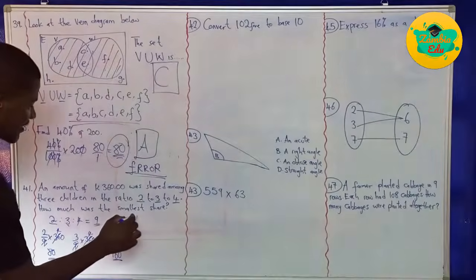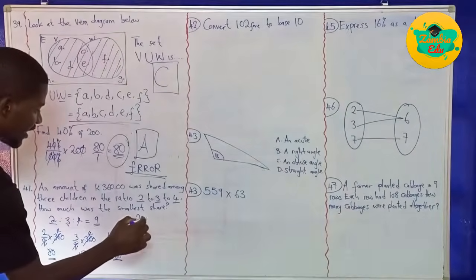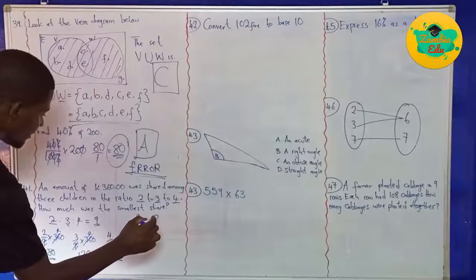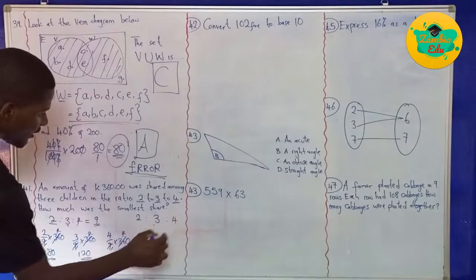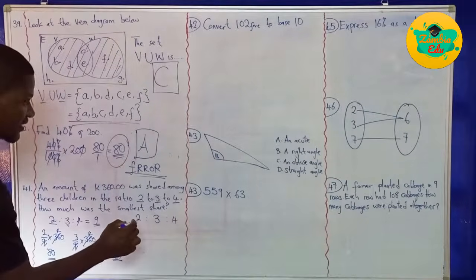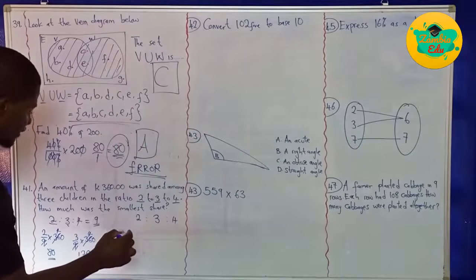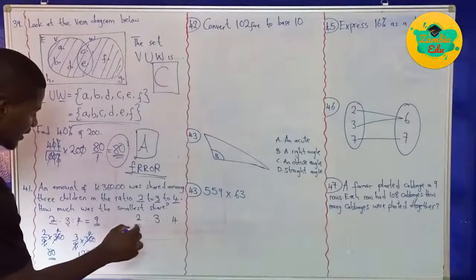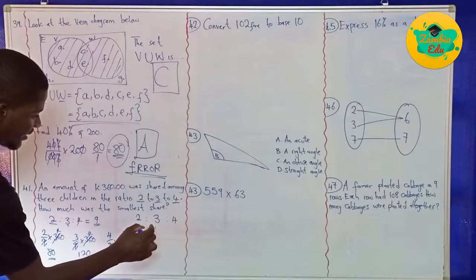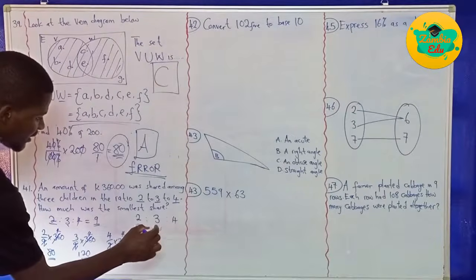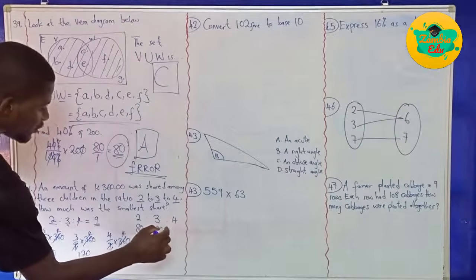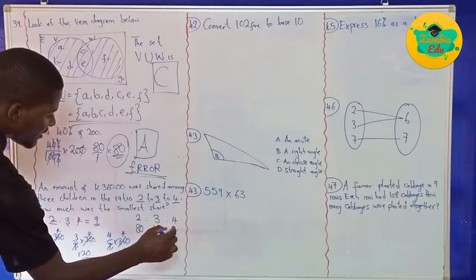So we can safely say, let me put them in the way they were, the one who had the 2 part of the ratio got 80. The one who had the 3 part of the ratio got 120, and the one who had the 4 part of the ratio got 160.